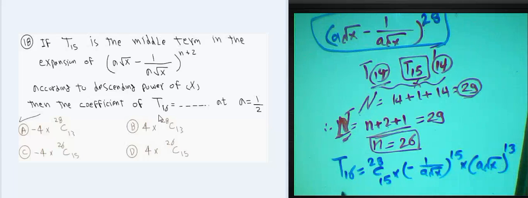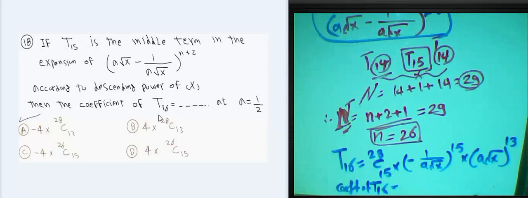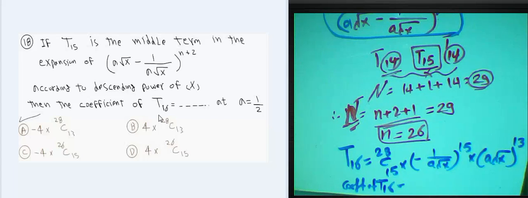You want to find the coefficient of term 16. Finding the coefficient of term 16 means putting x equal 1 in the example. Put x equal 1 here and here. We can write 28 combination 15, and the negative is about the sign. Look at here, he gives us a equal half.